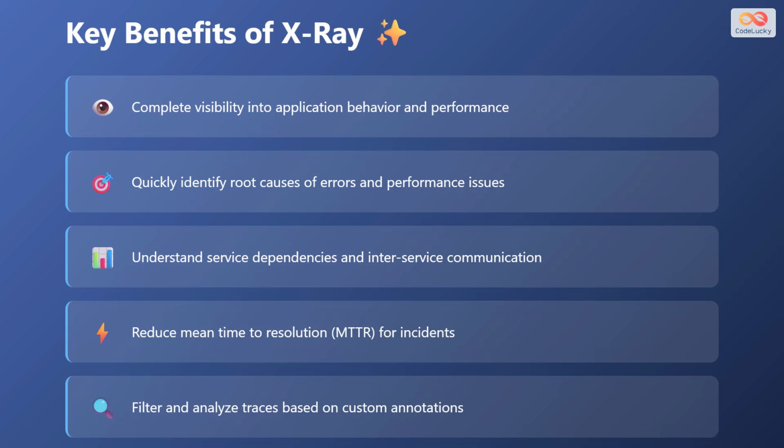Fourth, X-Ray helps reduce mean time to resolution, or MTTR, for incidents by providing detailed diagnostic information. And finally, you can filter and analyze traces based on custom annotations, allowing you to focus on specific types of requests or specific user scenarios.